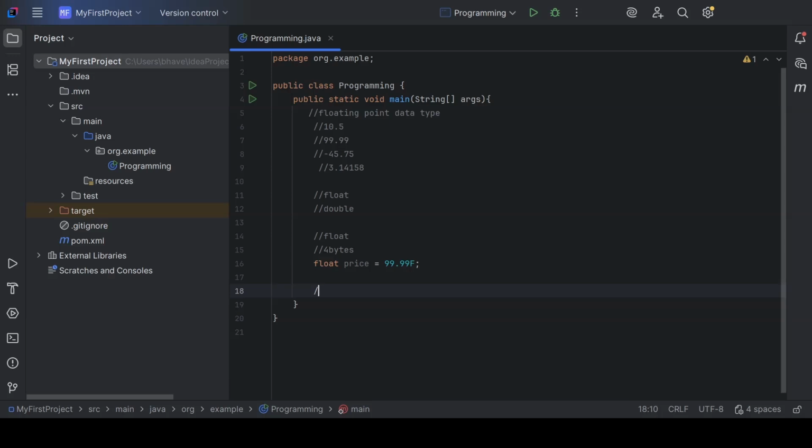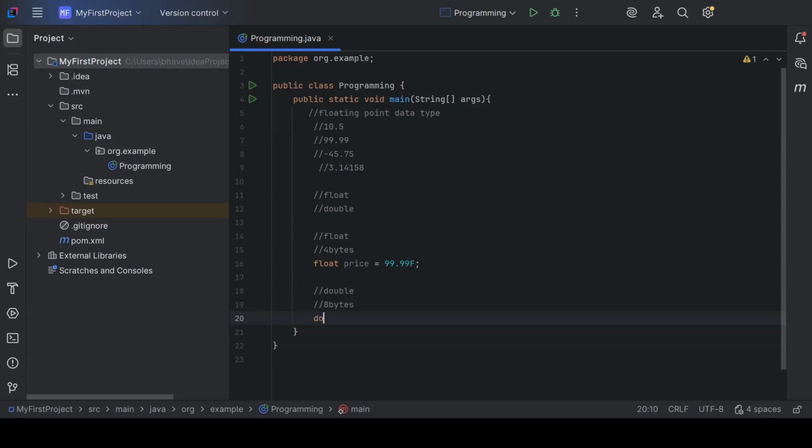Next is double. The double data type occupies 8 bytes of memory. It provides approximately 15 to 16 digits of precision, making it more accurate than float.